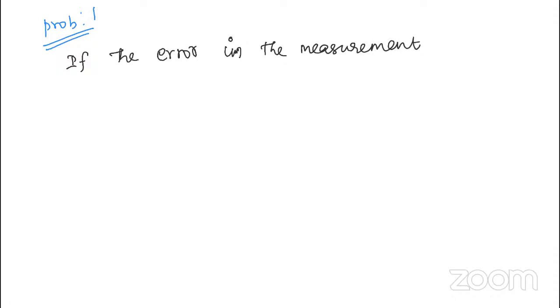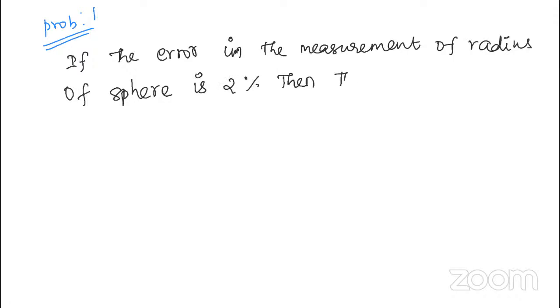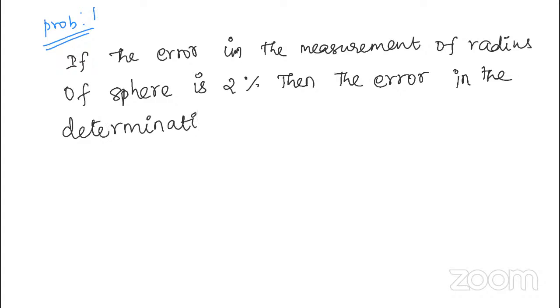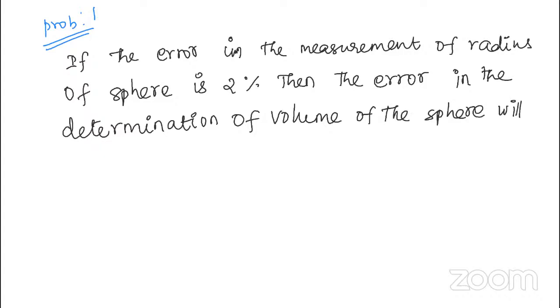Write the problem: if the error in the measurement of radius of a sphere is 2%, then the error in the determination of volume of the sphere will be what?